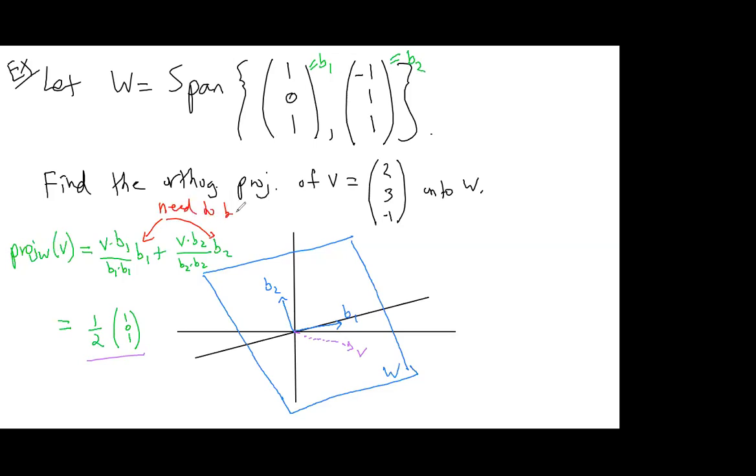It's always good to check that they are orthogonal when we give them to you. And it's pretty easy to check orthogonality. We can just quickly take the dot product of these, and yeah, they're orthogonal.